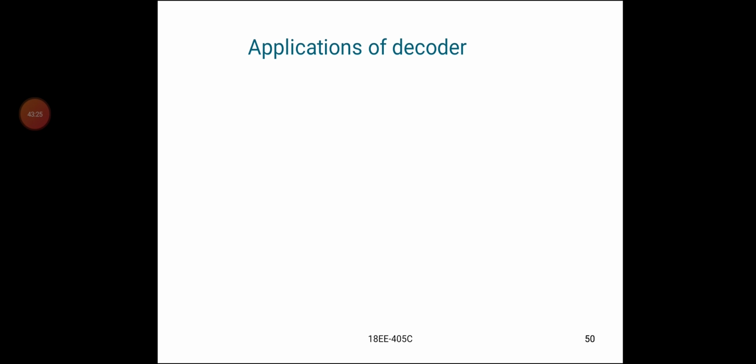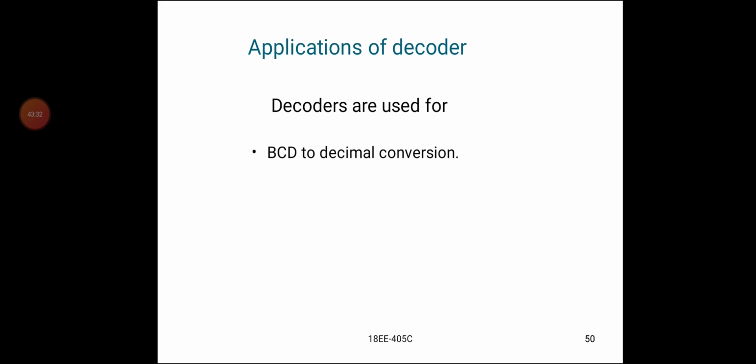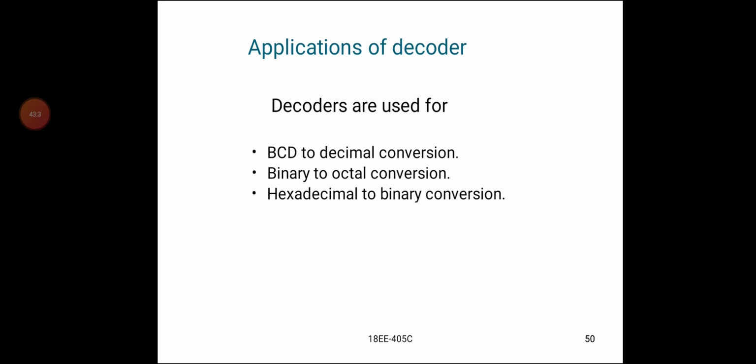Applications of decoder: decoders are used for BCD to decimal conversion, binary to octal conversion, hexadecimal to binary conversion, BCD to gray or gray to BCD conversion.